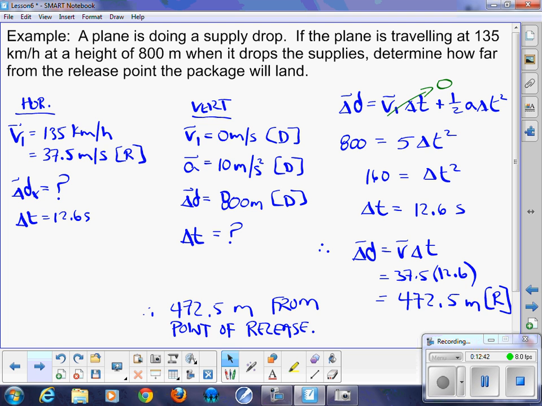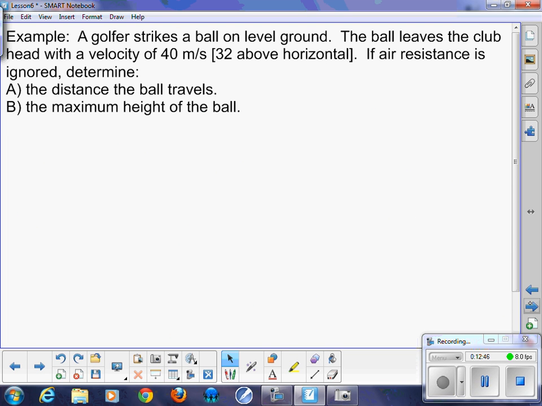All right. So the 3 examples are pretty much identical. I want to do a little bit of variety here. Just going to take a look at the golf ball question. Virtually the same question, except for maximum height. So in the next video, I'm going to take this one up.